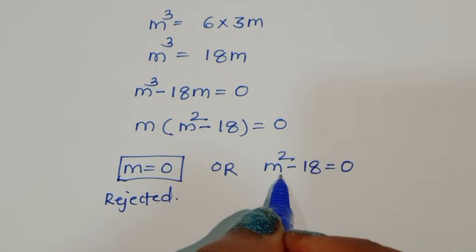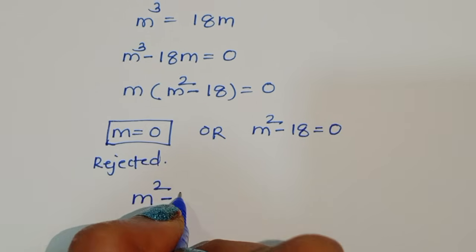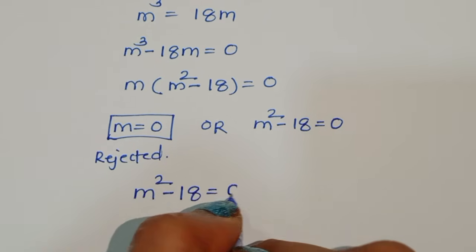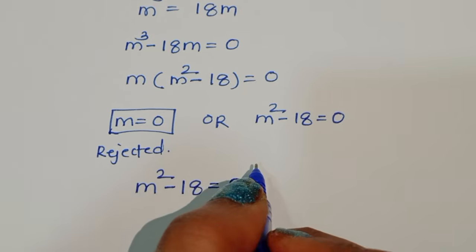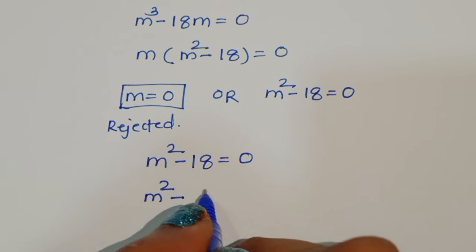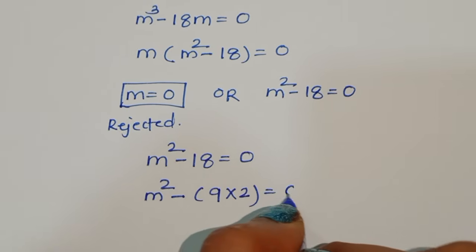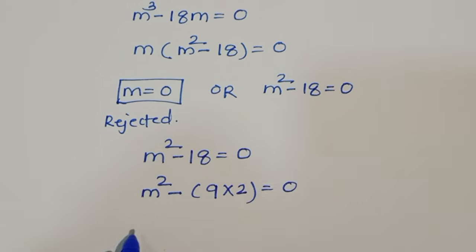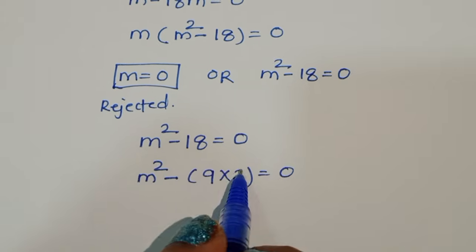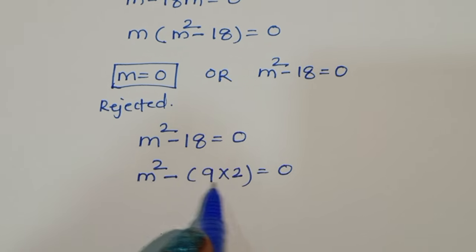Now the next equation is m square minus 18 equal to 0. Here we can do one thing: m square minus 18, we can write 9 2s are 18, equal to 0. Now this is square form, so we have to convert this 9 times 2 into square form.